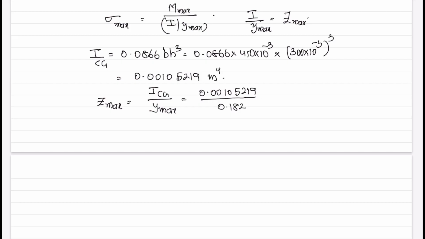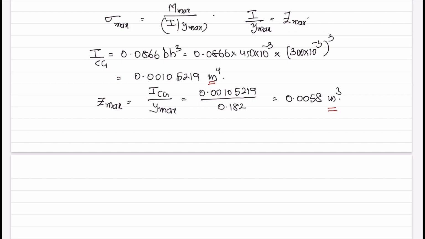This is 0.0058. What are the units of Z max? Cubic meter. Z max units are cubic meter. I units are m to the power of 4.